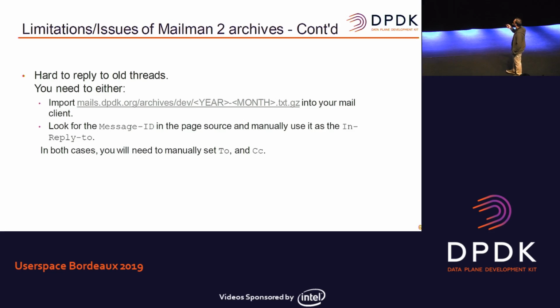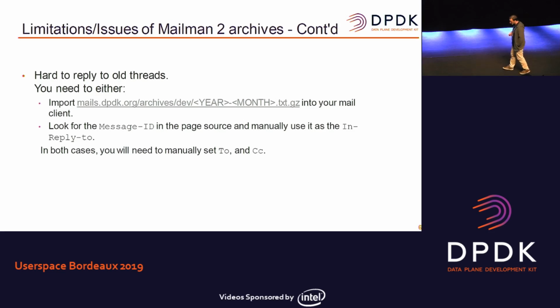You can even decompress that and import it into your mail client, if that works, because Mailman 2 kind of mangles these archives and removes some headers from them, so that might not work with all mail clients.